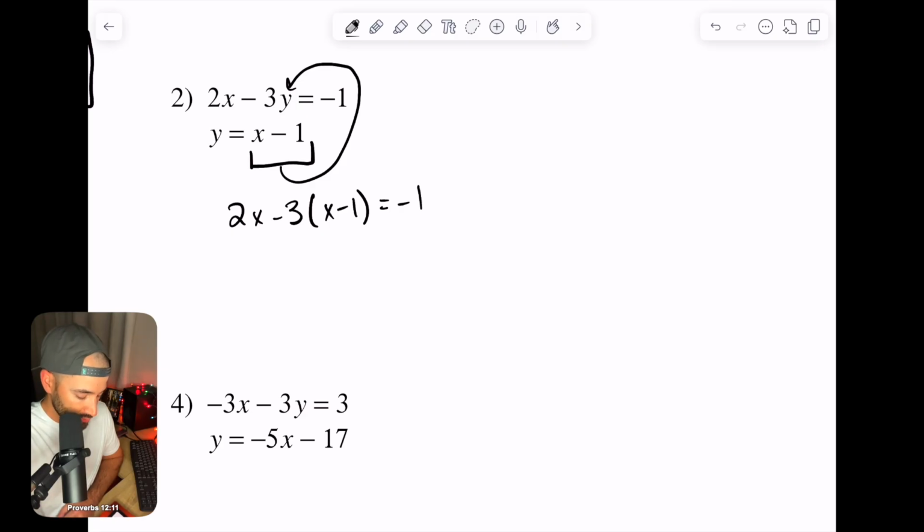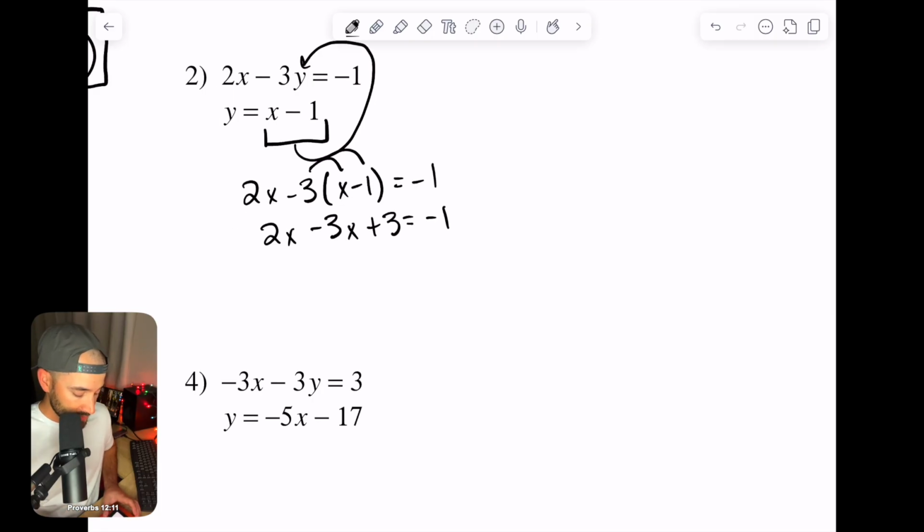So we're going to distribute the negative 3 to both terms, and that's going to give us negative 3x plus 3 is equal to negative 1. We'll bring down our 2x, and so now we can combine like terms. So 2x minus 3x is negative 1x, or just negative x. And then we have plus 3 is equal to negative 1.